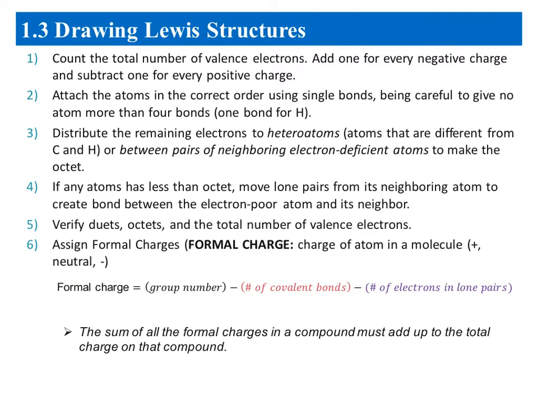There are a few steps, 6 steps, that we need to follow while drawing Lewis structures. These steps are a little bit different from what is explained in your textbook. I believe this one is more comprehensive, so you can use it while drawing more complex molecules. And I'm going to explain them by drawing the Lewis structure for acetonitrile.